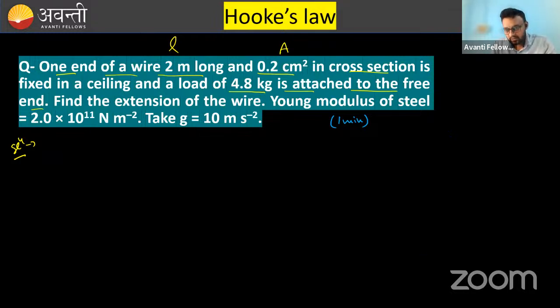The diagram should be something like this: there is a ceiling and a wire. It has some radius, sorry, area. This is the wire, and a load of 4.8 kg.